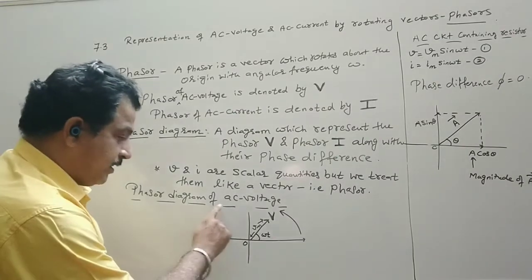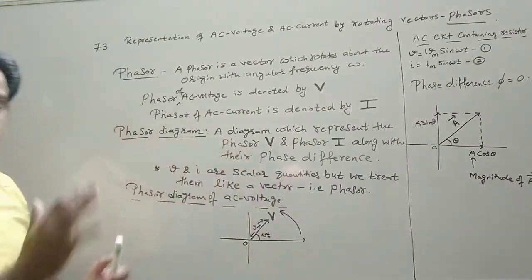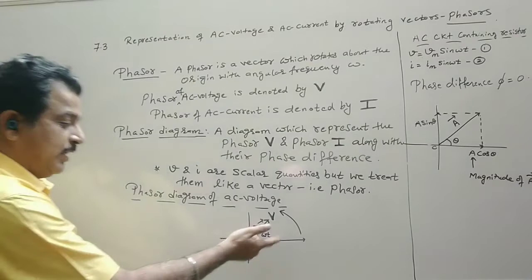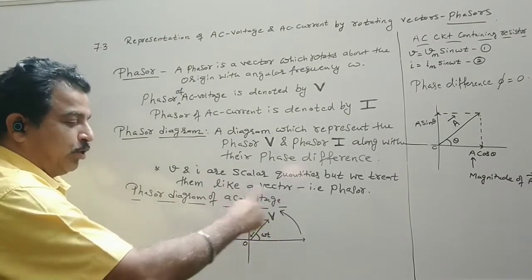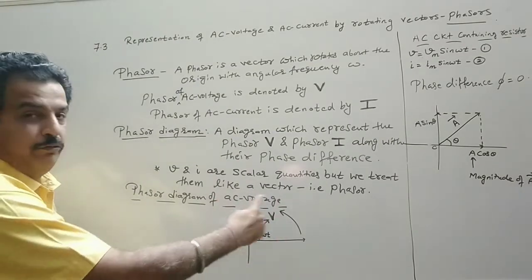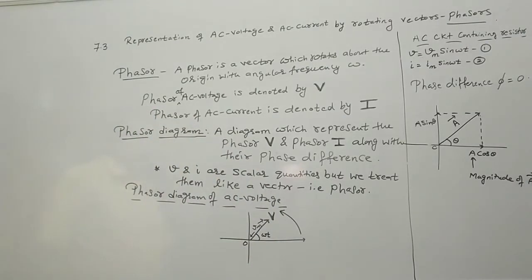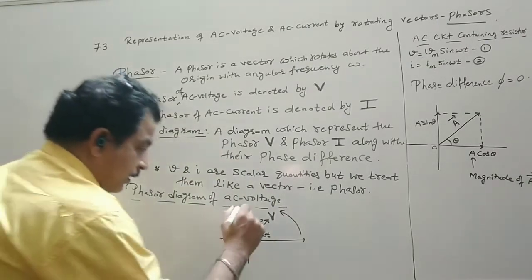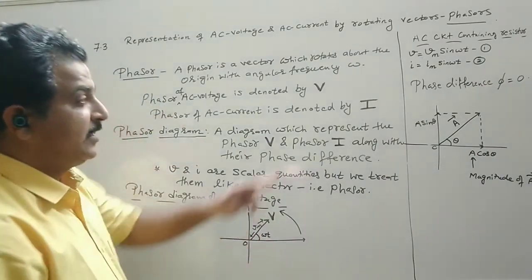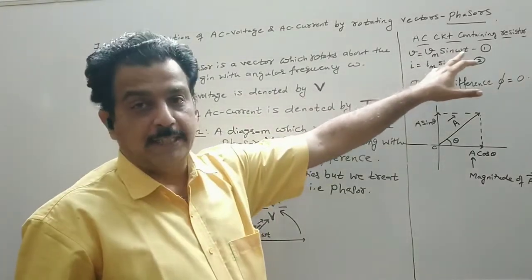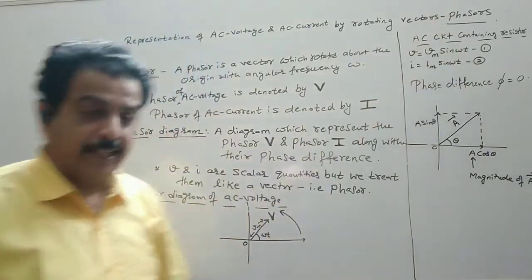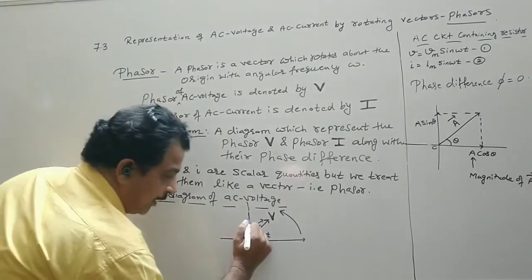So this is a phasor diagram of AC voltage. As this phasor rotates, and we know the unit circle rotates in the anti-clockwise direction, we will rotate this phasor in the anti-clockwise direction. Now our AC voltage is a function of sine, that is, sinusoidally varying. So this will be the vertical component.